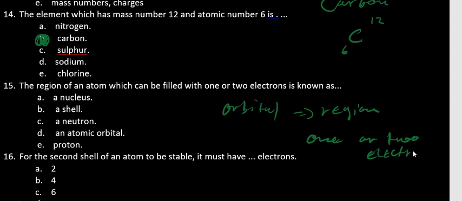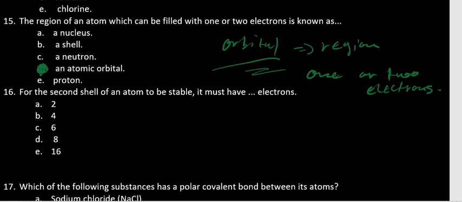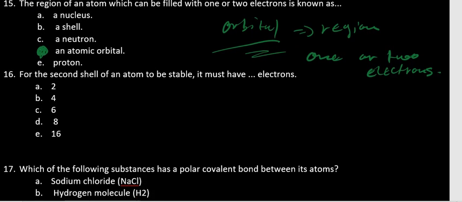So electrons are found in the region called orbital. So the answer there is just an atomic orbital. Okay. The next one is for the second shell to be filled up, it must simply have 8 electrons.